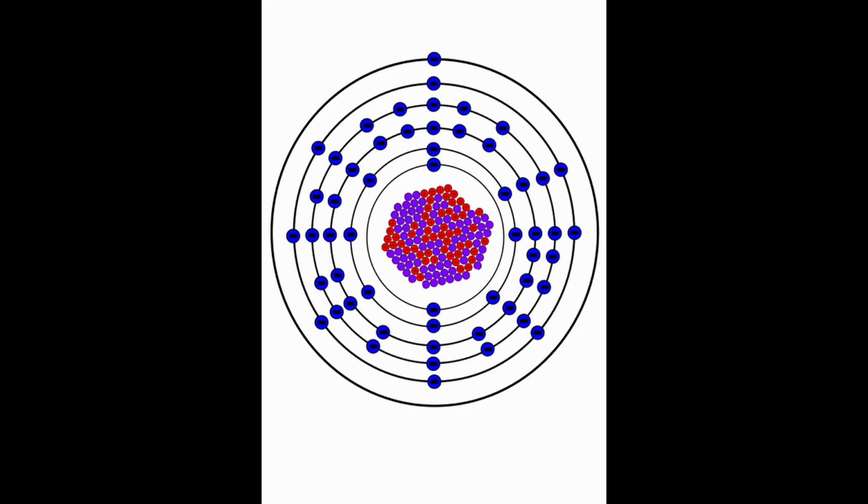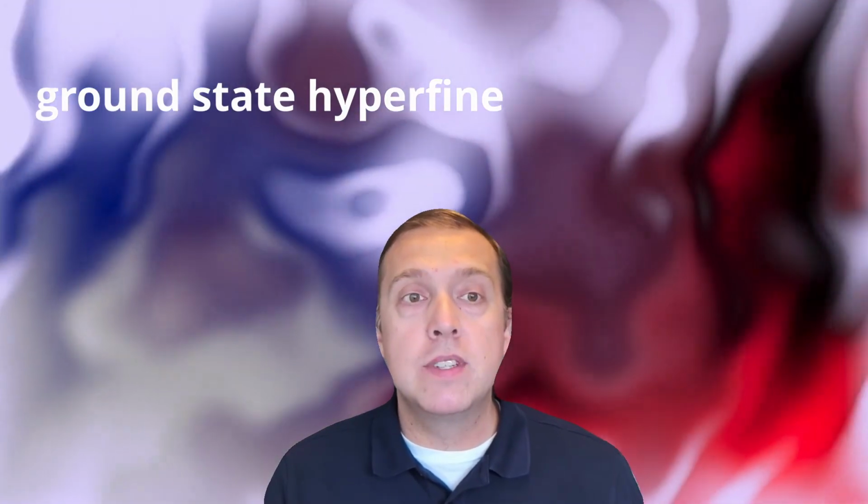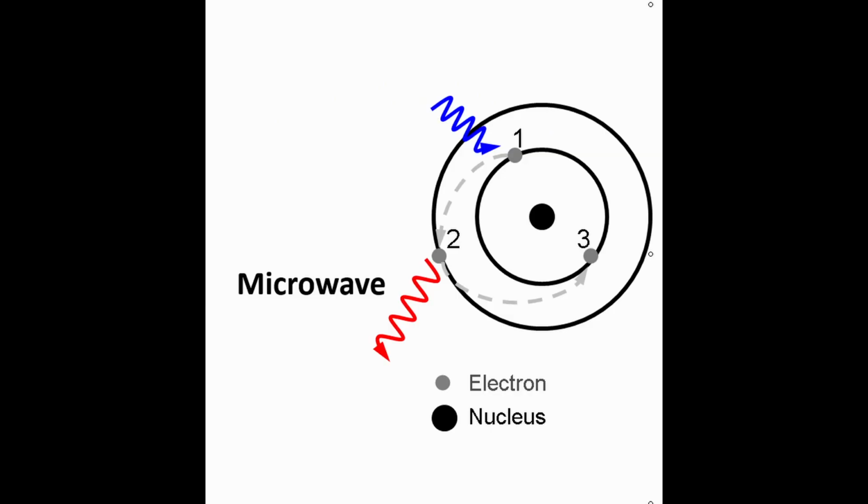Atoms in general have electrons that occupy distinct energy levels, which are quantized as required by the laws of quantum mechanics. Cesium-133 has some very similar lower energy levels, which we call ground state hyperfine levels. When an electron moves between two of these states, it emits a specific type of microwave radiation.